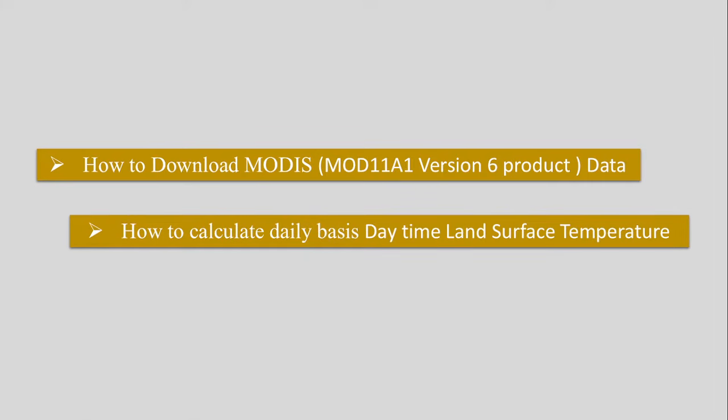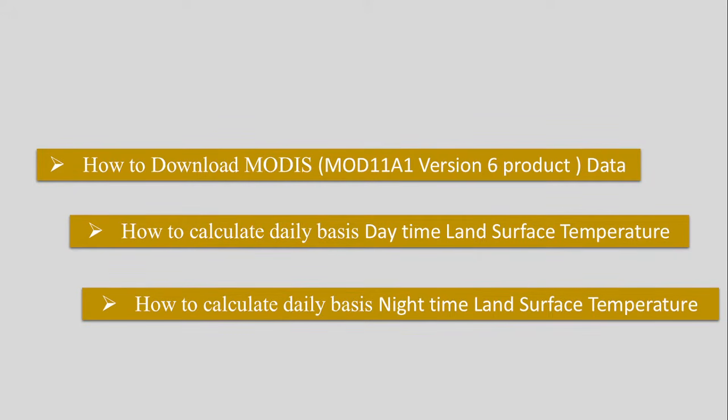Then we go to how to calculate daily basis daytime land surface temperature automatically, then how to calculate daily basis night time land surface temperature automatically. We will create a model to process the data automatically.